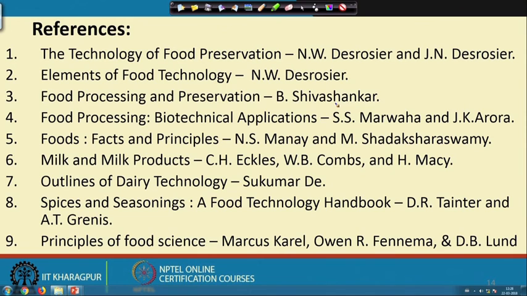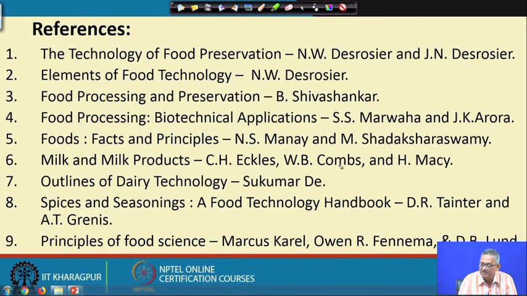Then Food Processing, Biotechnology Application by S.S. Marwa and J.K. Arora, Foods, Facts and Principles by N.S. Mani and M. Shadashami, and Milk and Milk Products by C.H.